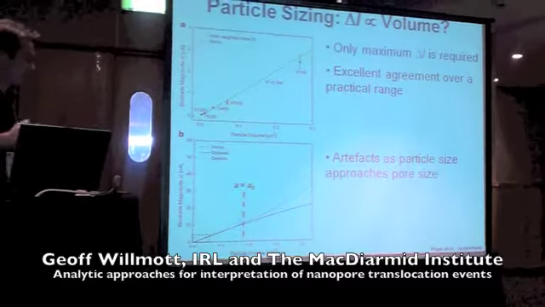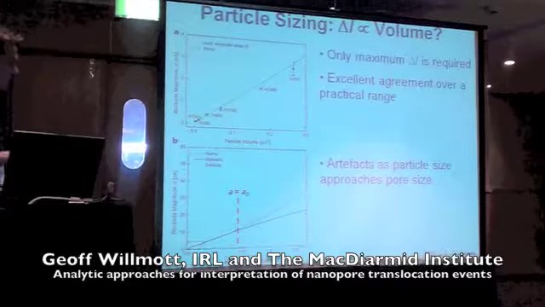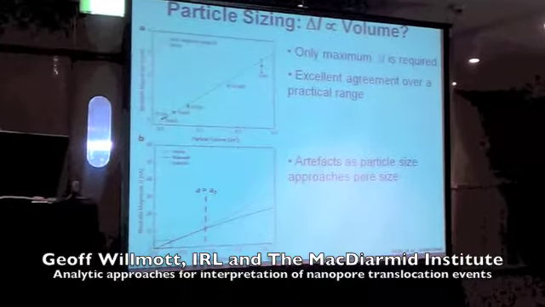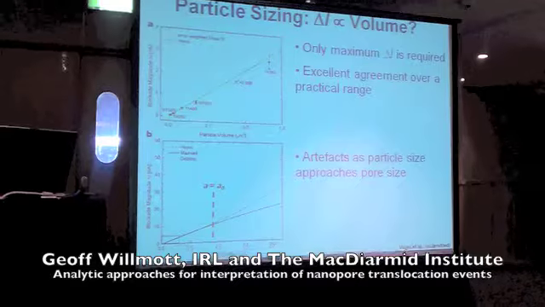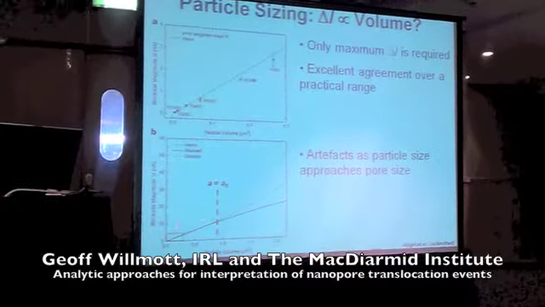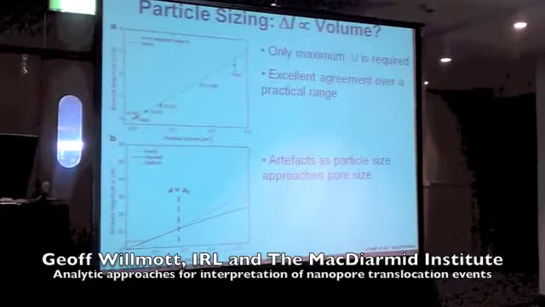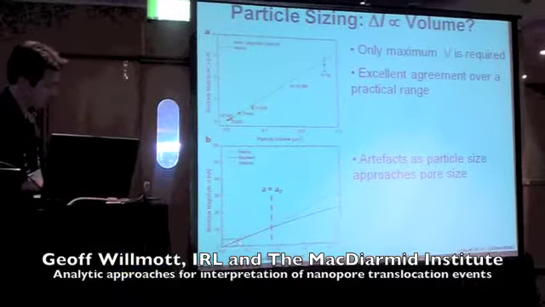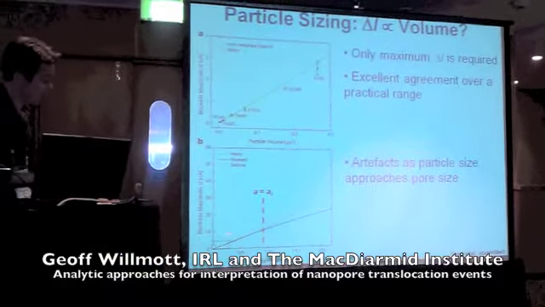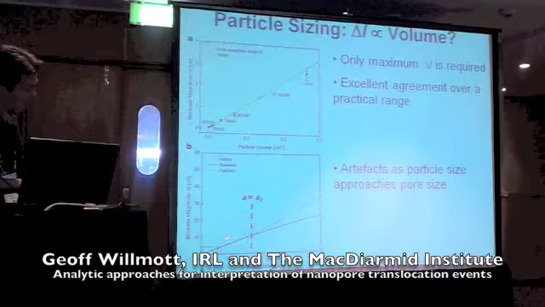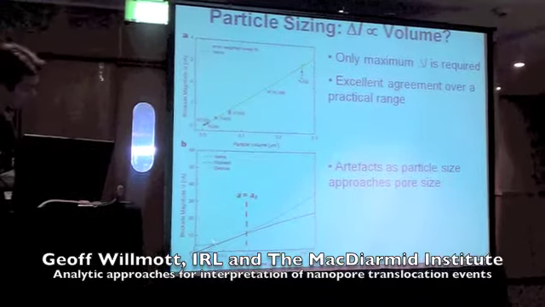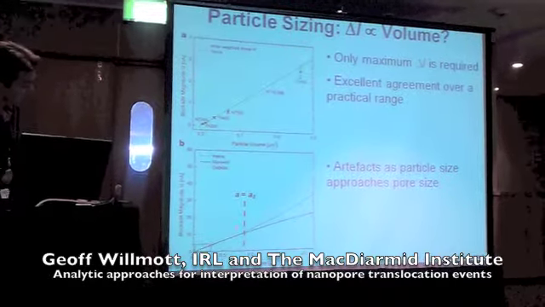If you look at the series, actually you see they diverge from a linear relation when the particle size approaches the pore size. And that's what I'm showing down the bottom here. So that little square there is the equivalent to that graph, so 0.3 micron cubed particle volume. And you'll see that as you get closer to particle and pore radius being equal, you actually get a divergence from linear.